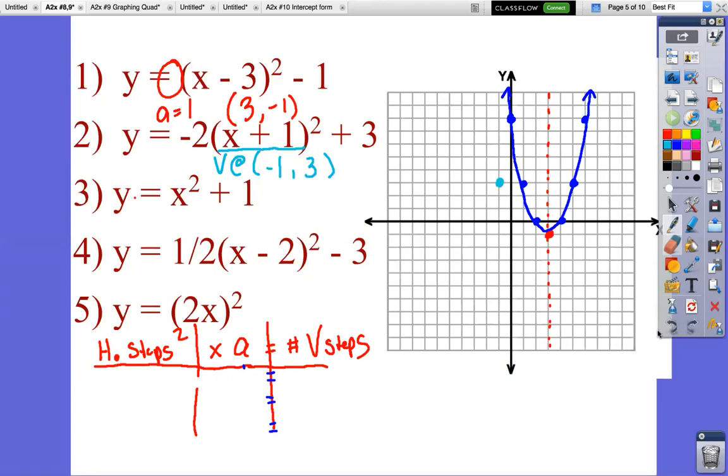Got it. All right, now, what's my A value this time? -2. So down here, it's going to be times -2. By the way, does this open up or does it open down? And how do you know?